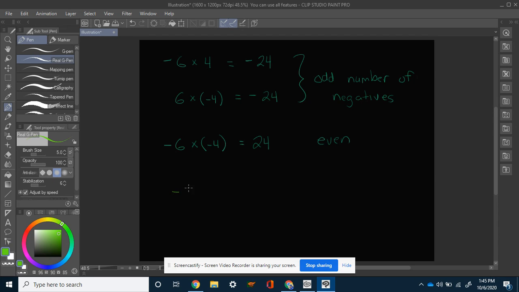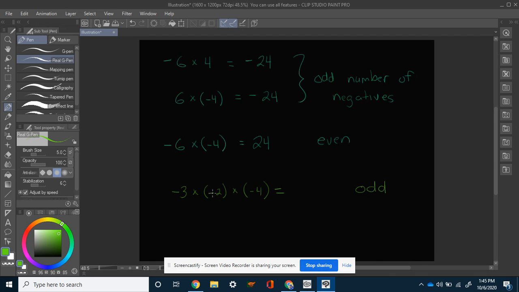What if we have negative 3 times negative 2 times negative 4? Let's think about this. Odd number of negatives. There's 3 negatives. So if it's an odd number of negatives, we're anticipating the answer to be negative. Negative 3 times negative 2.